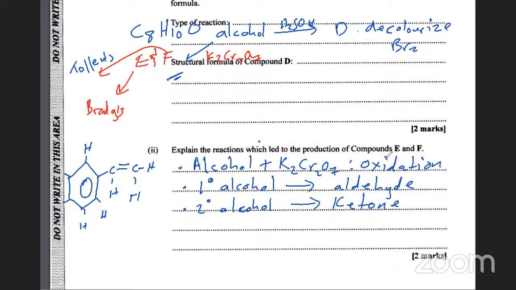So the reaction that led to E and F, F was the aldehyde, right? So the reaction that led to the formation of F is the oxidation of a primary alcohol, and the one that led to the formation of E is the oxidation of a secondary alcohol. So we know that E was the ketone, so that had to be the oxidation of a secondary alcohol.